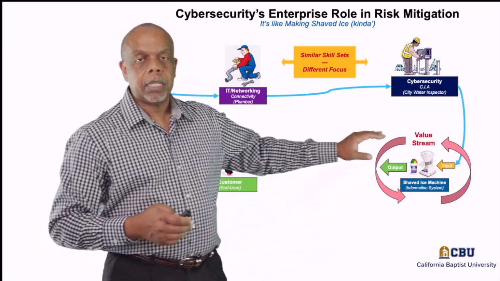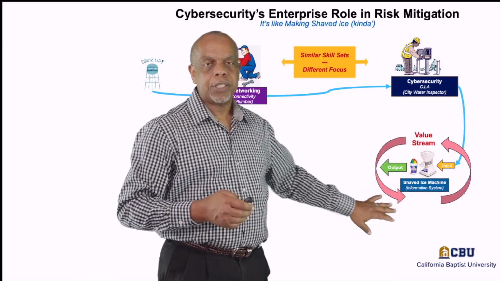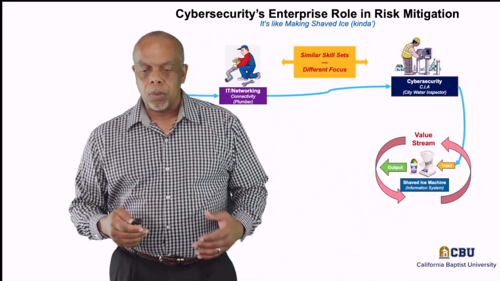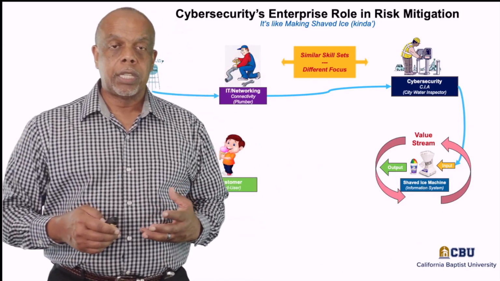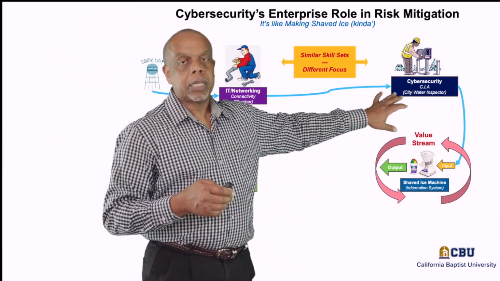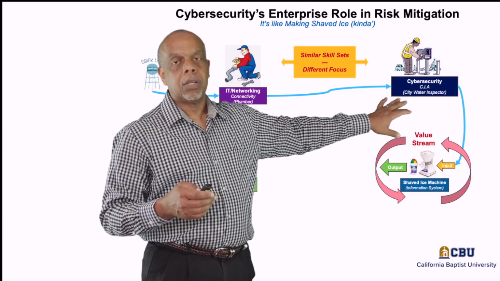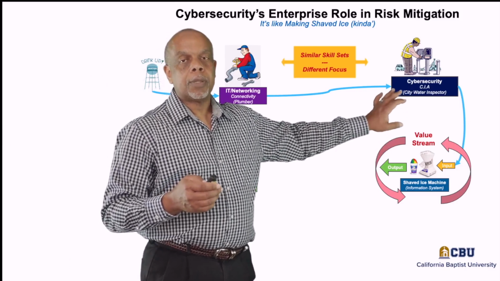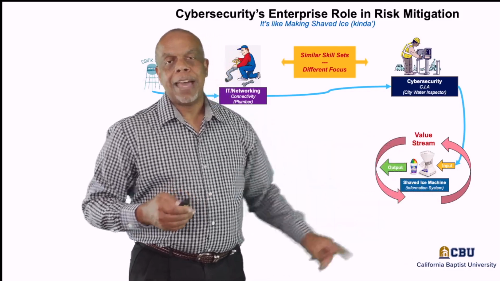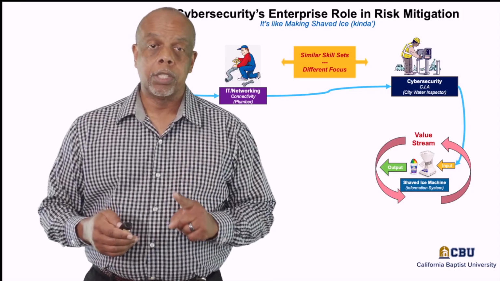So if the quality of the water is not good, if we're not protecting the intellectual property associated with this, then the value of our organization can drop. And this is where we make our money, because check it, we're not sales, we're not production, but from a cyber perspective, not only are we cost avoidance, but this is where we add value to an organization.